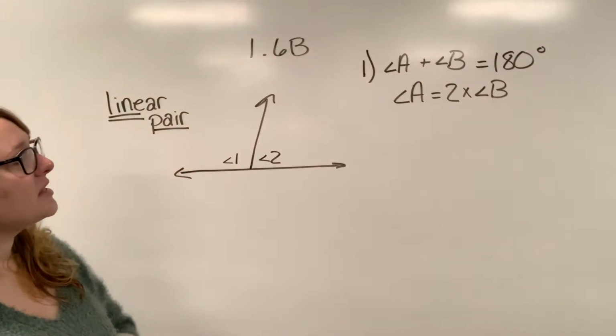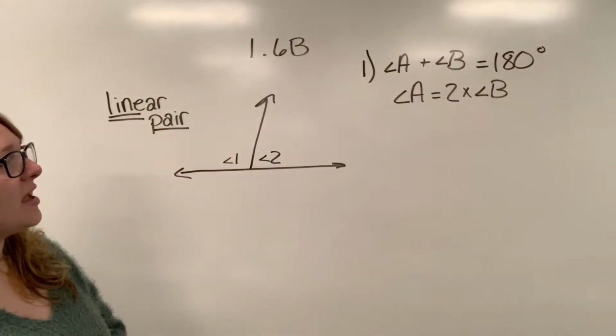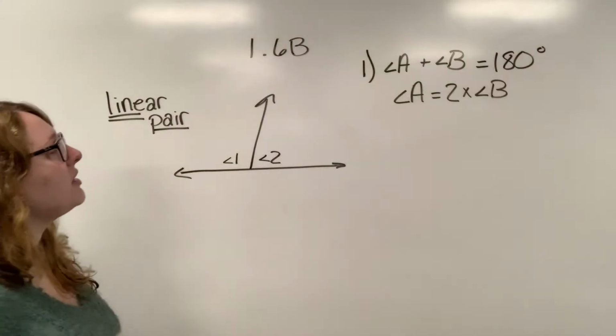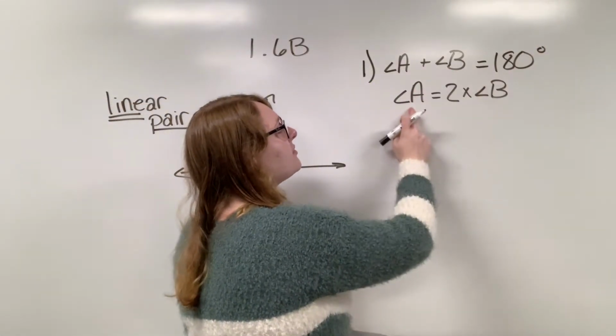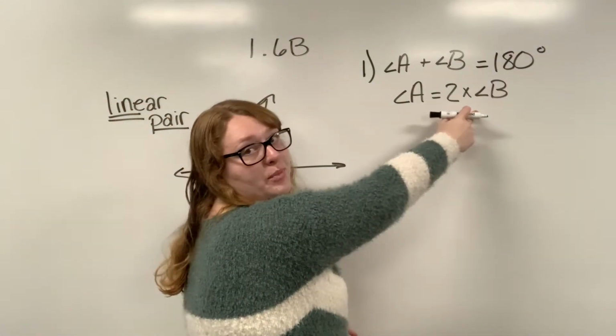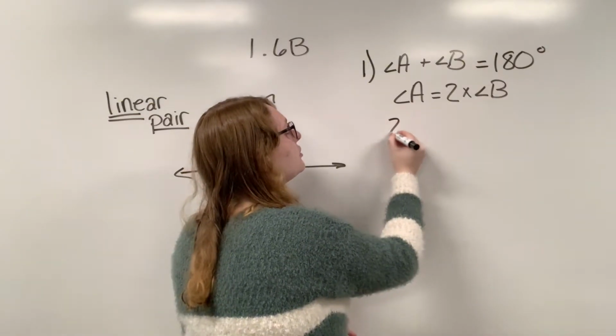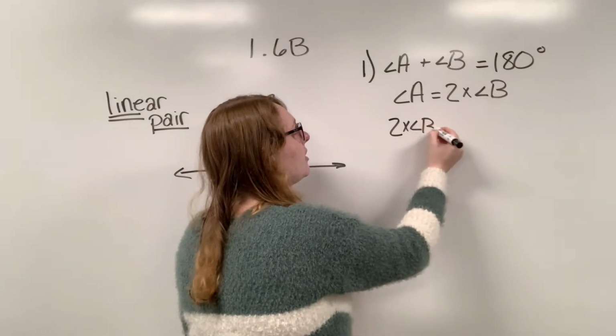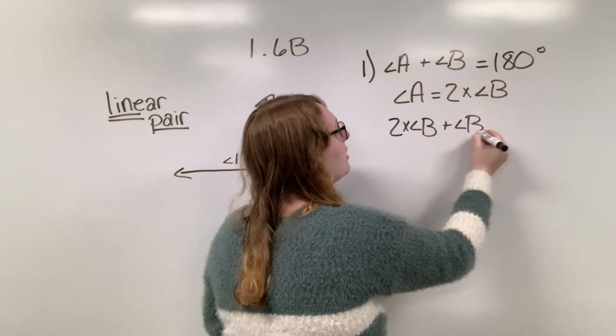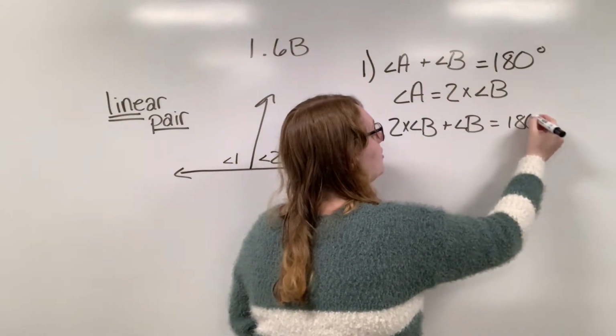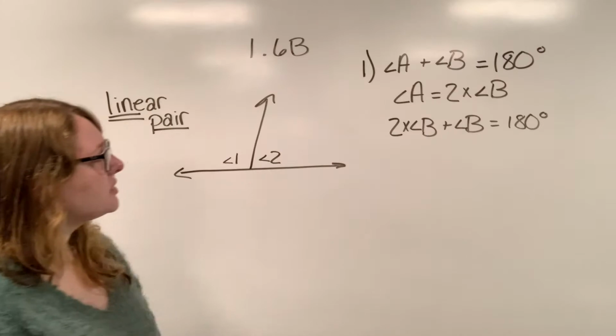Now let's rewrite this first equation, but instead of writing angle A, let's write 2 times angle B, okay? So we have 2 times angle B plus angle B is equal to 180 degrees, all right?